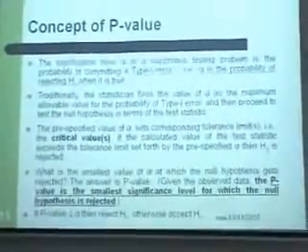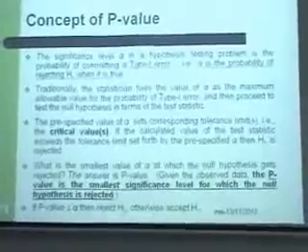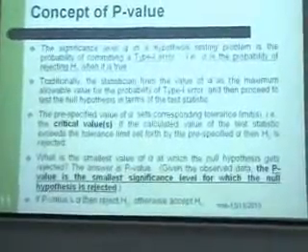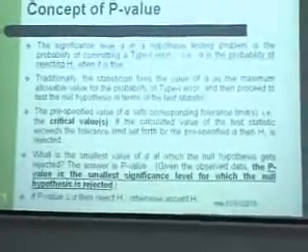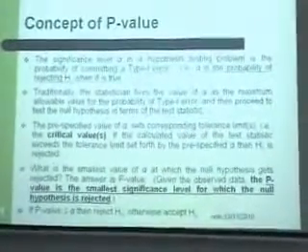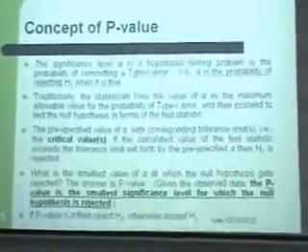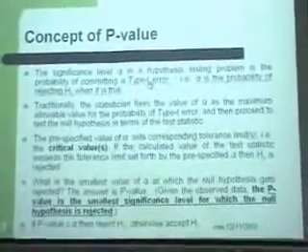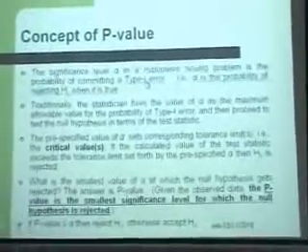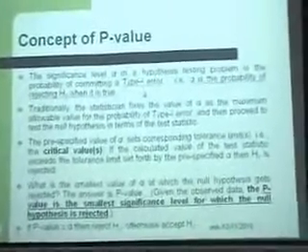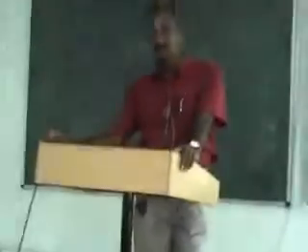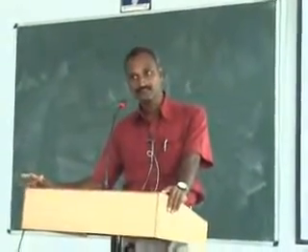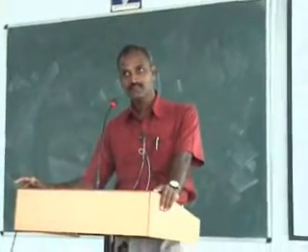The p-value is the smallest significance level for which the null hypothesis is rejected. For example, take alpha. What is alpha? It is the level of significance, 0.05, which is 5%.